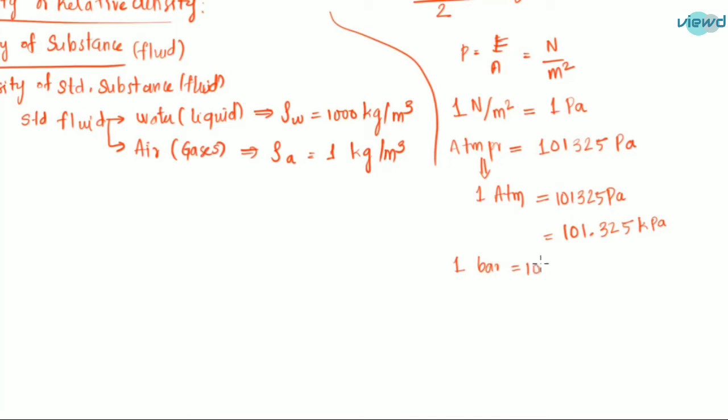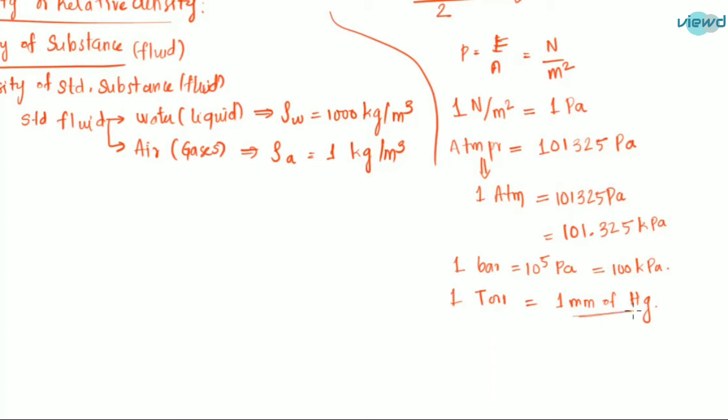And there is another important unit called bar. 1 bar is equal to 10 power 5 Pascal, which is also equal to 100 kilopascal. And there is another unit called 1 torr, which is 1 mm of Hg.